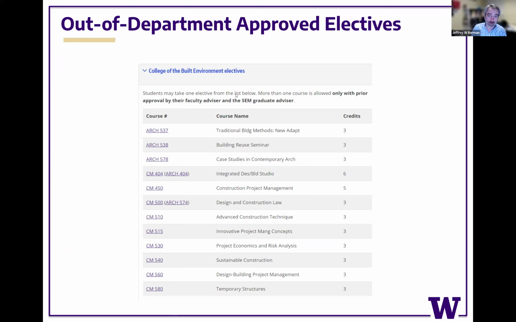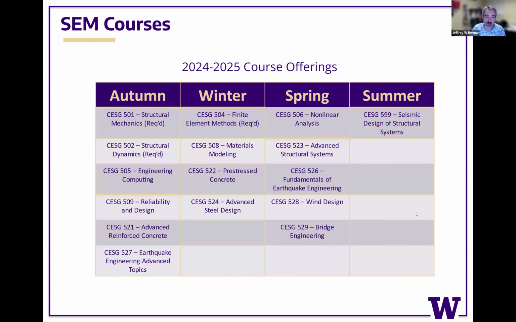And if you want to take more than 1 course from this list, that would also need approval by a faculty advisor, that it's consistent with your plan. And the reason for that is that these courses are a little bit less technical than the structural engineering courses, a little bit less on the math and physics. And so we want to make sure it is aligning with your structural engineering career goals and for getting a master's in our program.